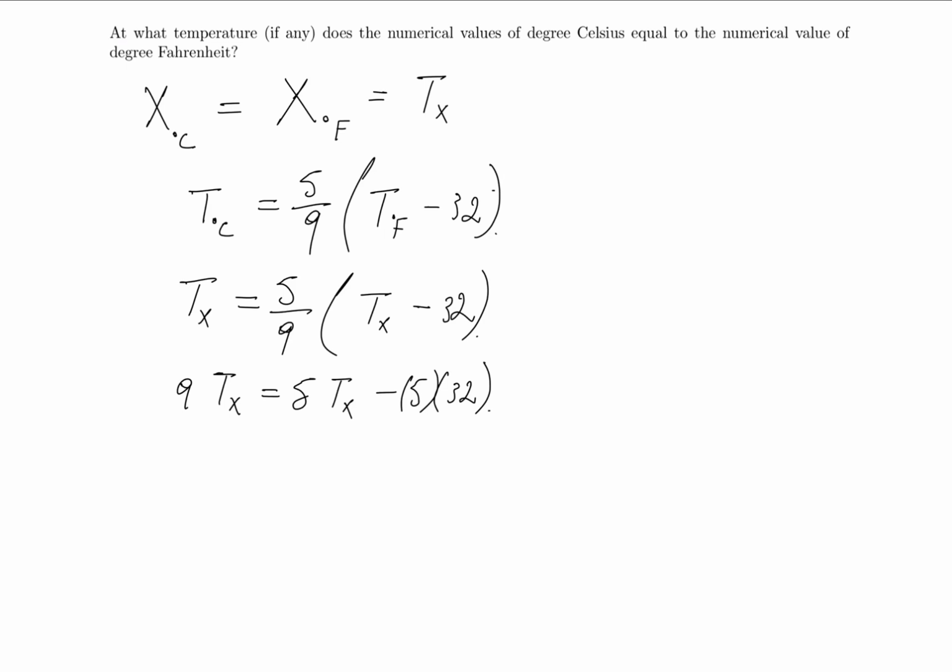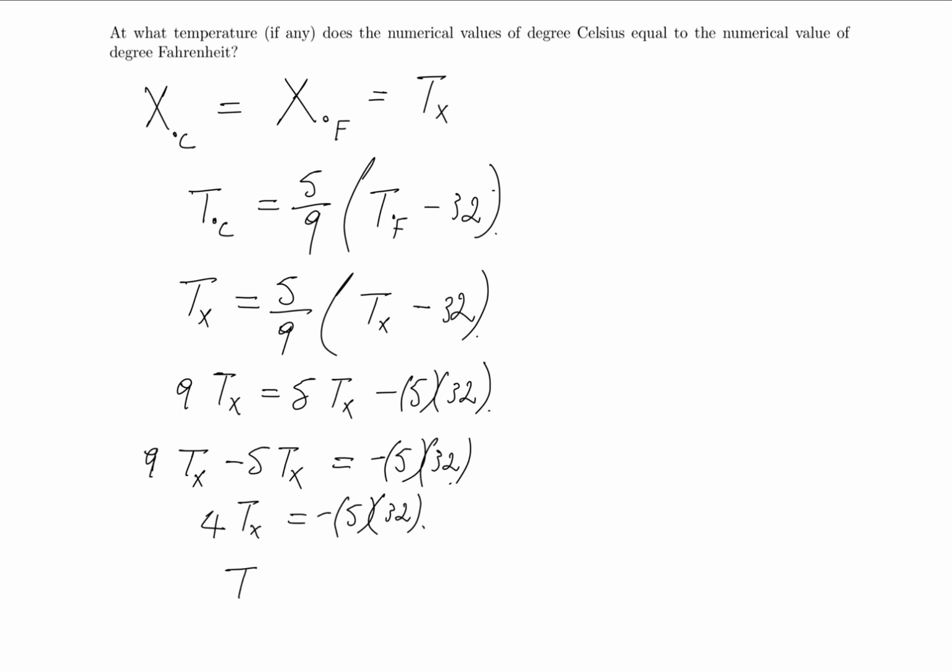Now, if we make Tx the subject of this formula, let me not skip steps here. 9Tx minus 5Tx is going to be equal to minus 5 times 32. Now, when we simplify this, it's going to be 4 Tx equals minus 5 times 32.